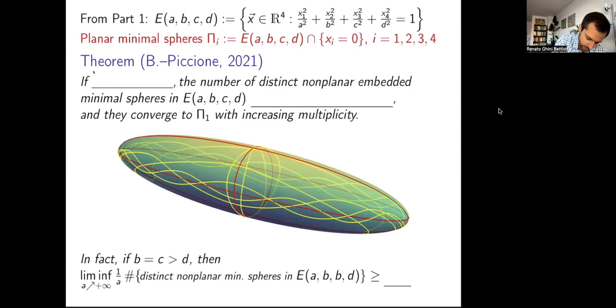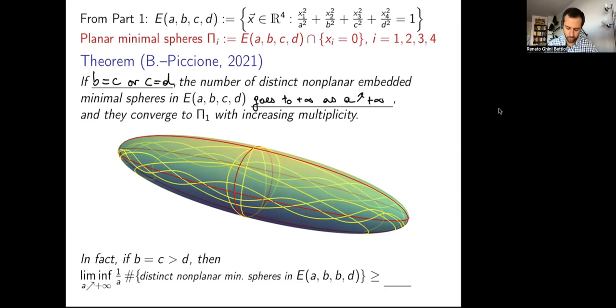If we assume that either B is equal to C or C is equal to D, meaning at least 2 of the semi-axes agree, then the number of distinct non-planar embedded minimal 2 spheres in this ellipsoid goes to plus infinity as A gets large.